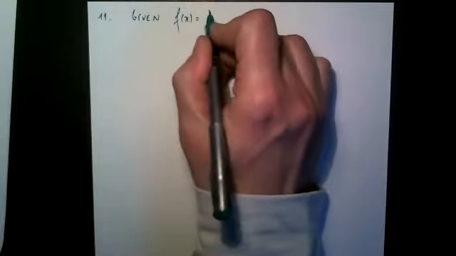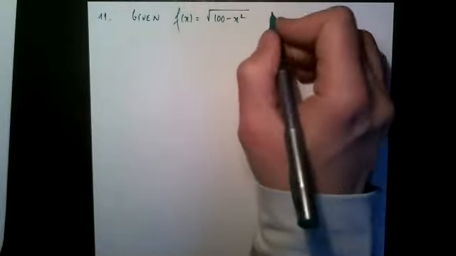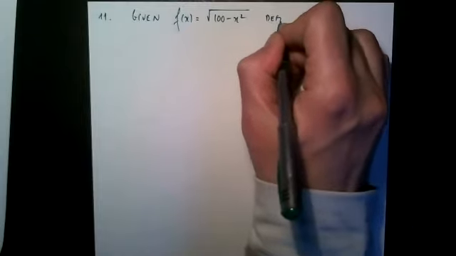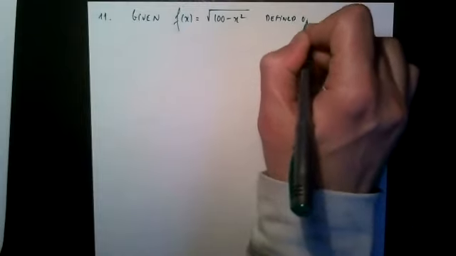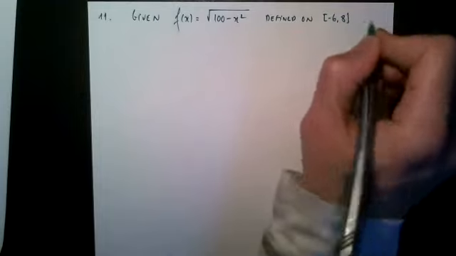Okay, so given f of x is equal to the square root of 100 minus x squared, defined on -6 to 8.